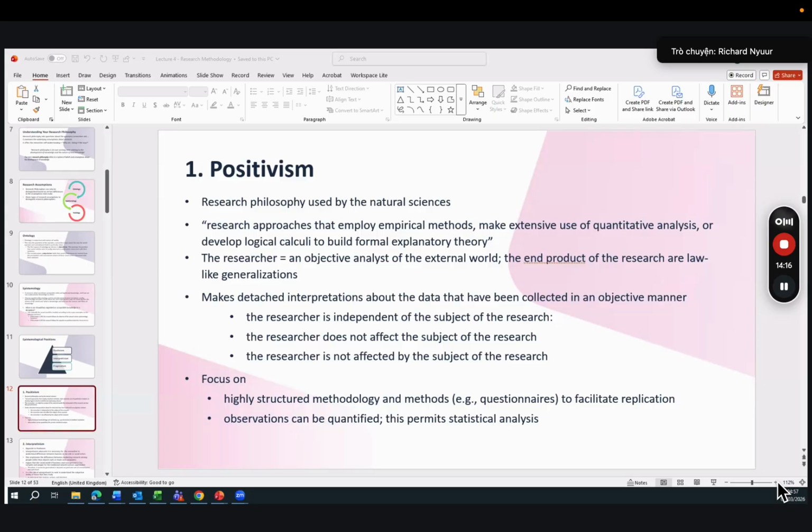And it can always be replicated. So observations can be quantified. This permits statistical analysis.